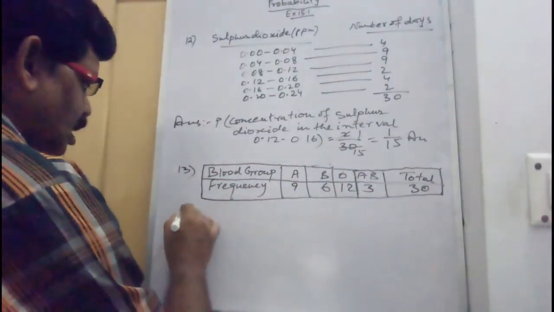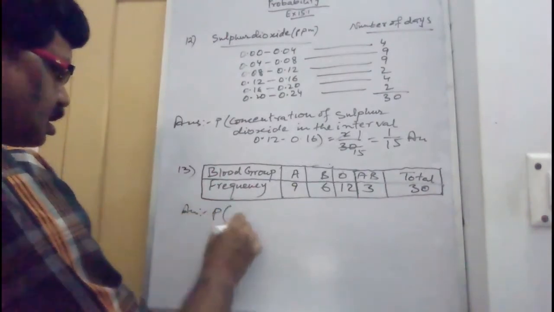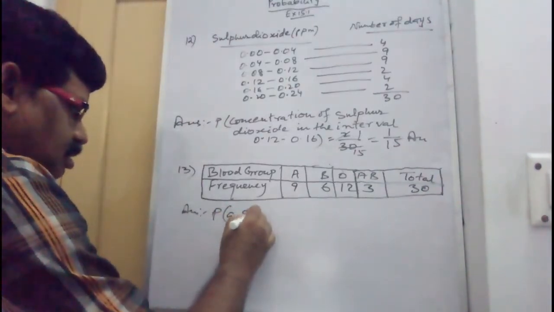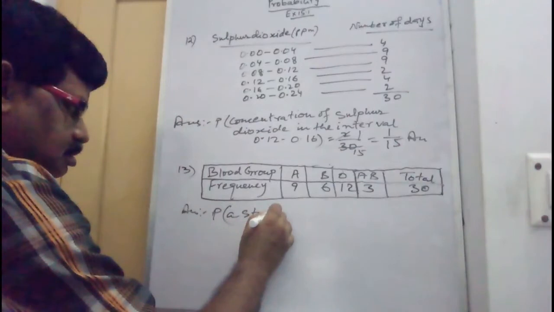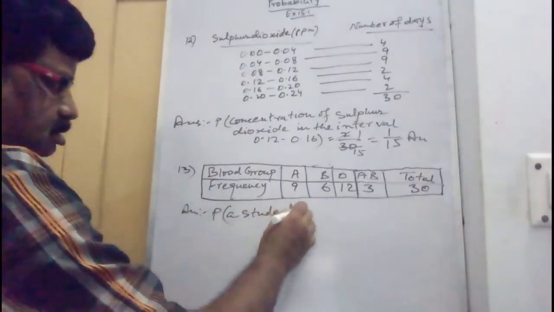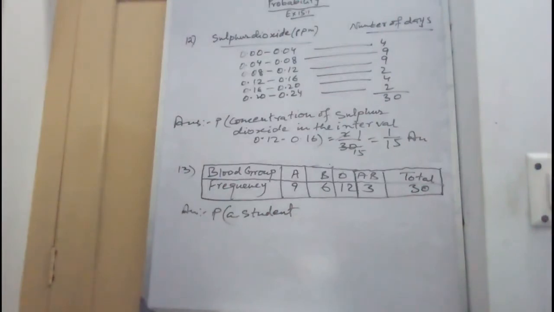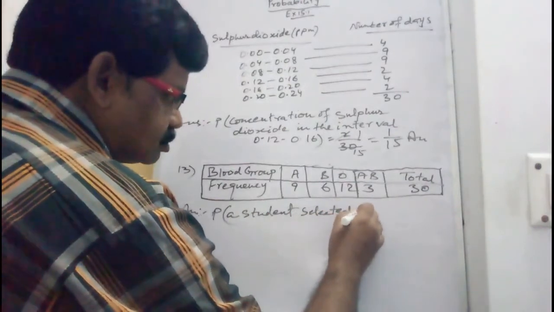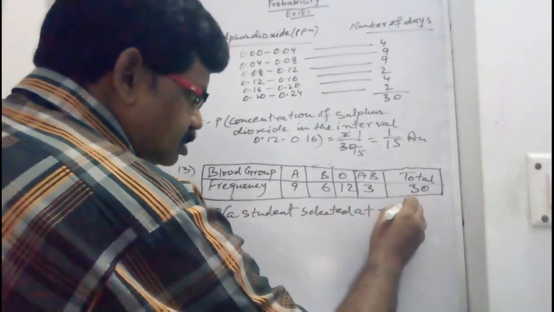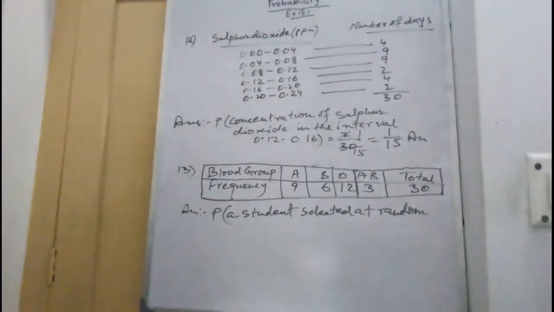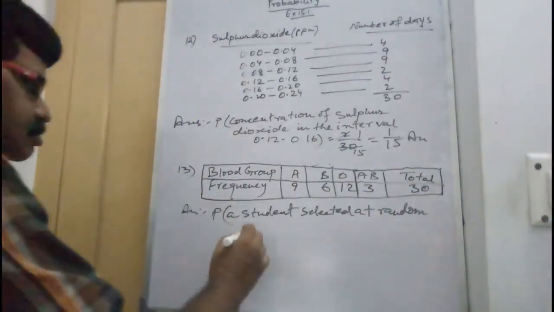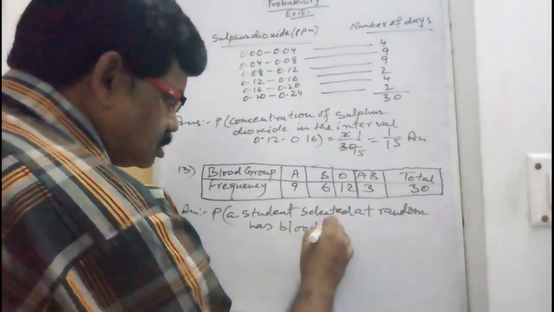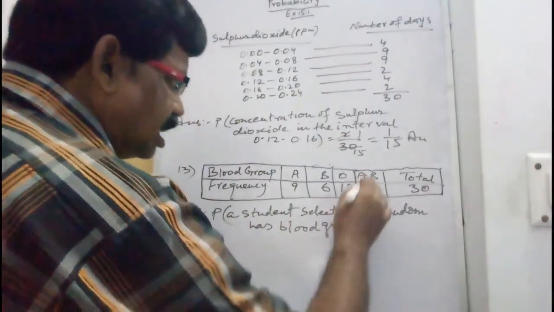So answer P. Student selected at random has blood group AB.